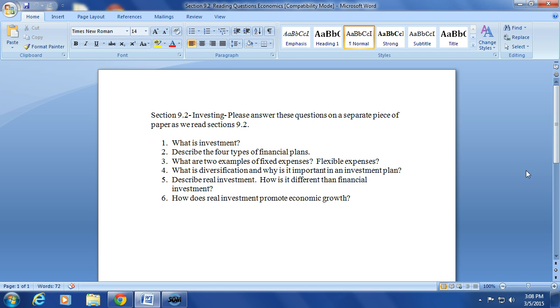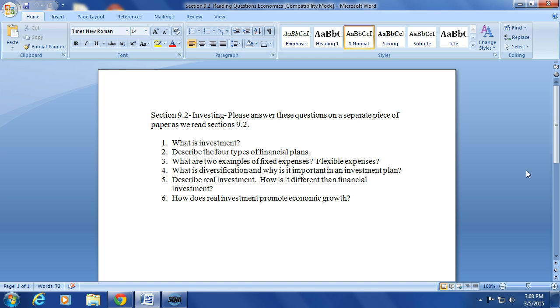To avoid this kind of scenario, you want to diversify. You want to choose a variety of investments, invest in a variety of stocks and bonds and so forth. This allows you to balance out the amount of risk in your portfolio and does create a much more effective investment plan.